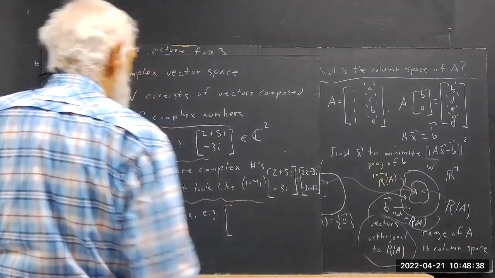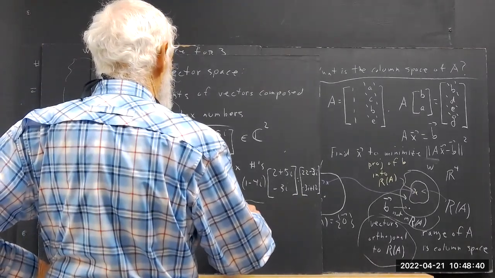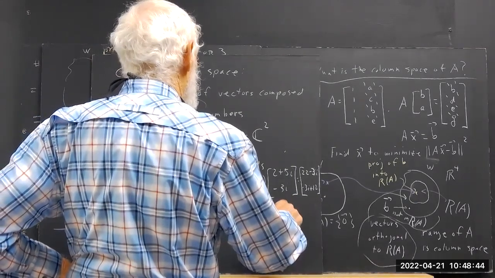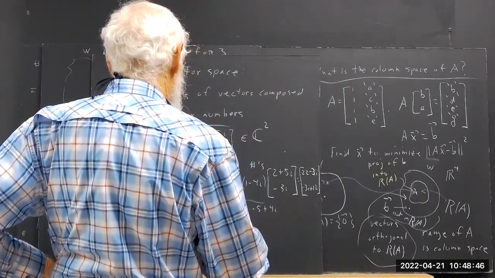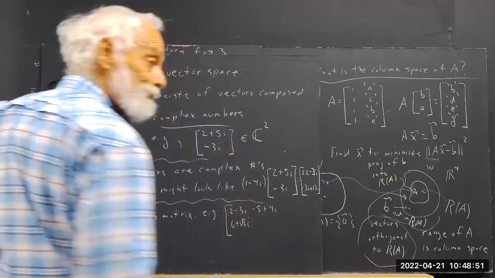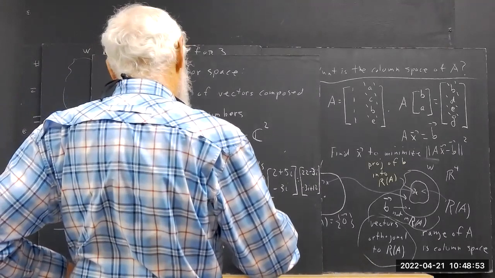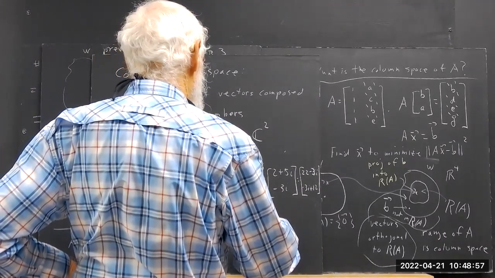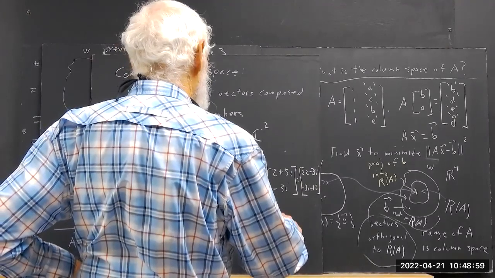For example, it might be 2 minus 3i, negative 5 plus 4i, 6 plus square root of 2i, and negative 5/2 plus 3i.